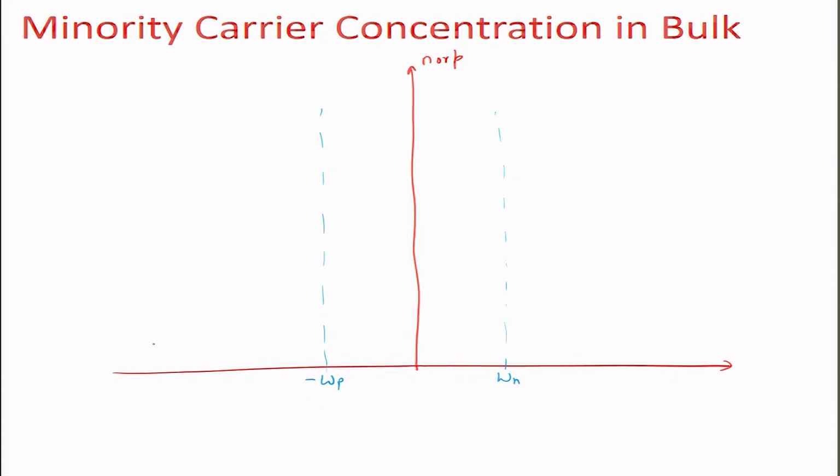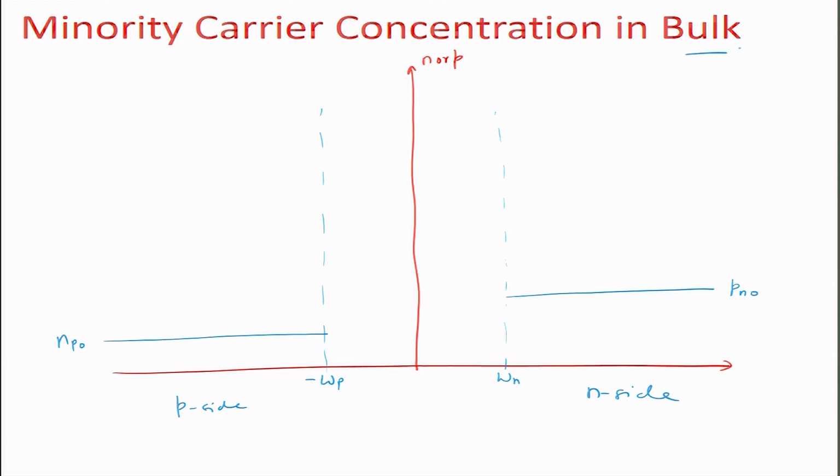If your bias is equal to 0, then this is Np naught if this is the P side. If this is the N side, then my Pn naught is somewhere here, they won't be equal.